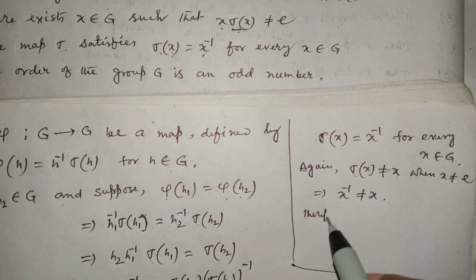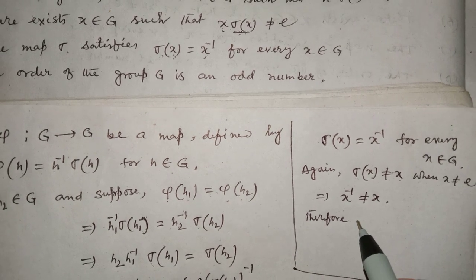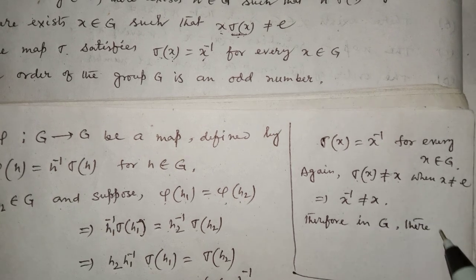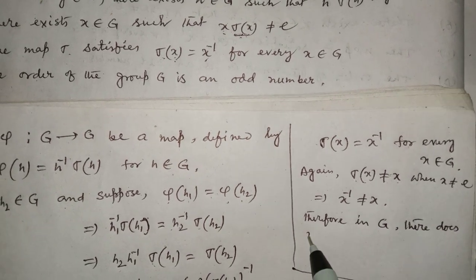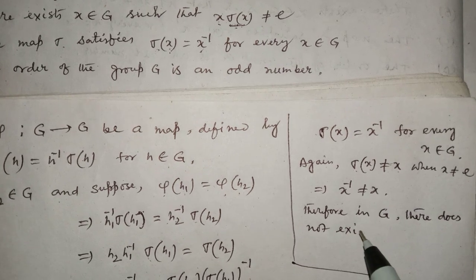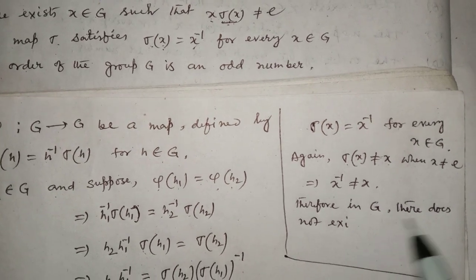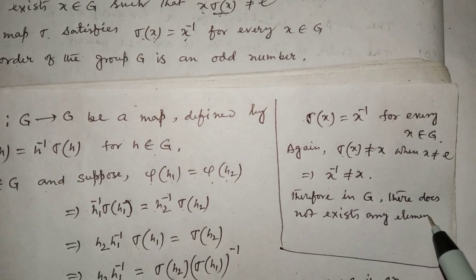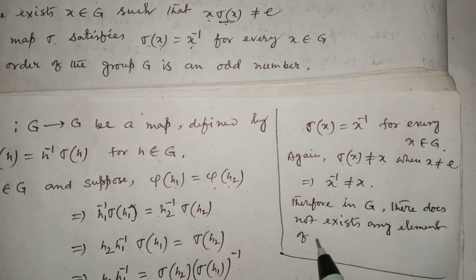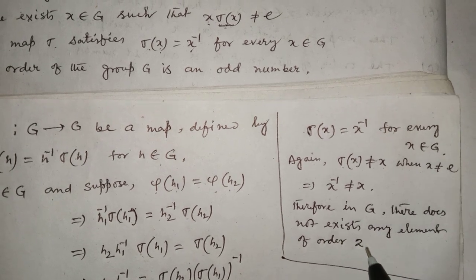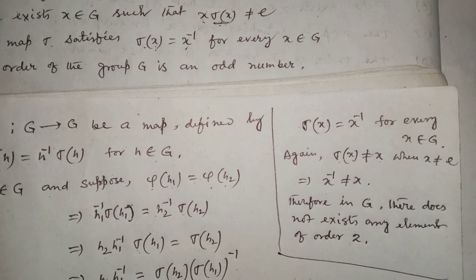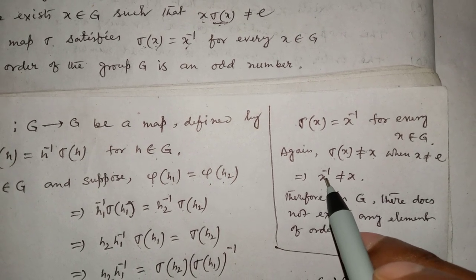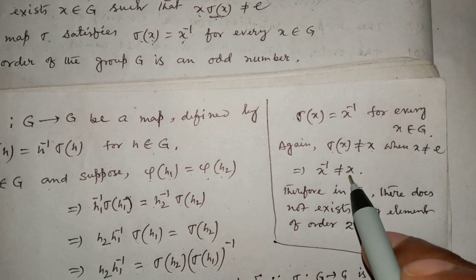Therefore, in G there does not exist any element of order 2, because for any element x, x inverse is not equal to x.